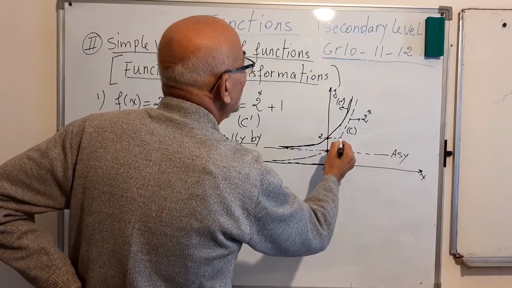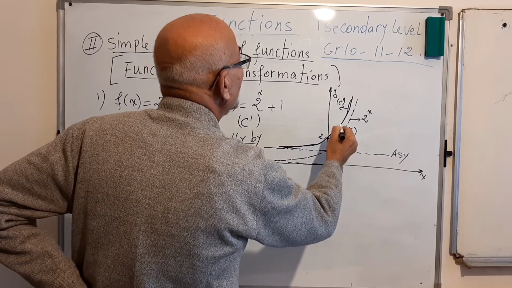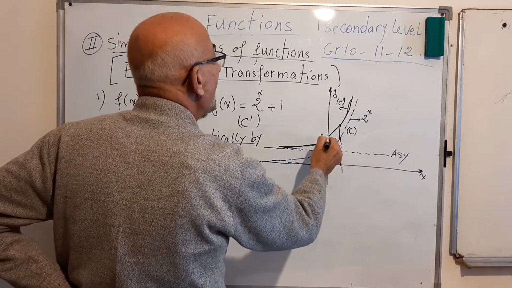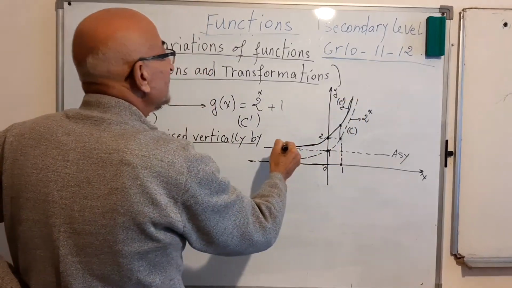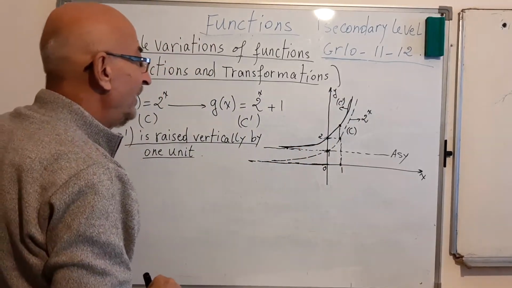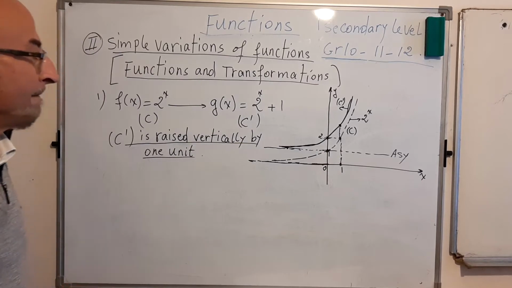From this point, for example, we add 1 to obtain a point of C prime, etc. So we can deduce the graph C prime of g of x.